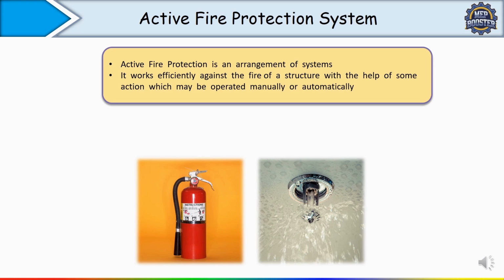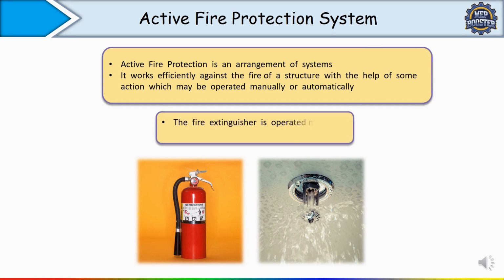But in an automatic sprinkler system, the action which we require to extinguish the fire is automatic. That is why I am telling you the action may be automatic or manual. Okay, but we require some action. Clear? So the fire extinguisher is operated manually. The sprinkler is operated automatically.